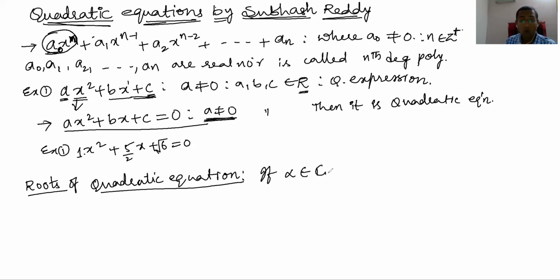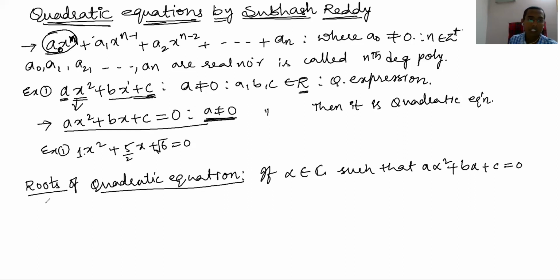Or if you don't know what a complex number is, let's take any real number. So alpha is any real or complex number such that a alpha square plus b alpha plus c equal to 0.